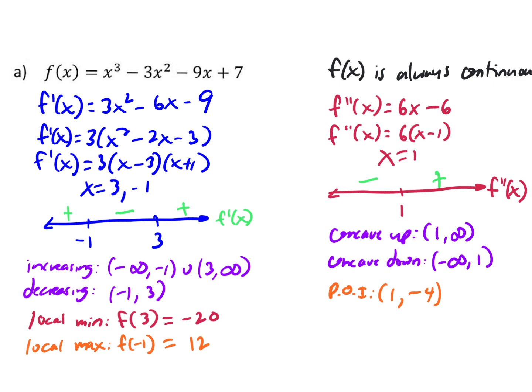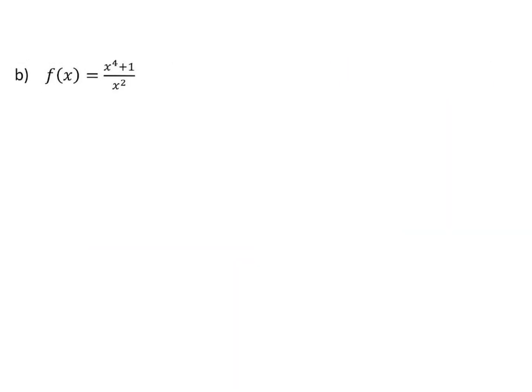All right, got another one. Now, with a problem like this, we have options. If we can avoid using the quotient rule, let's avoid using the quotient rule. How could I split this thing up?